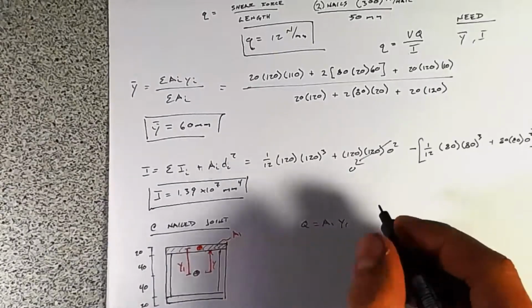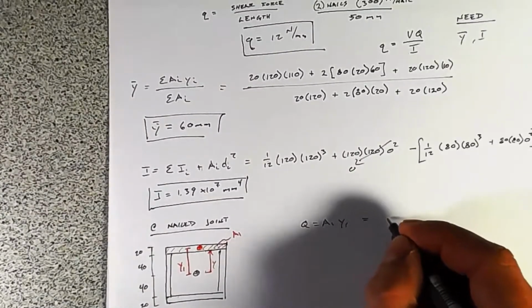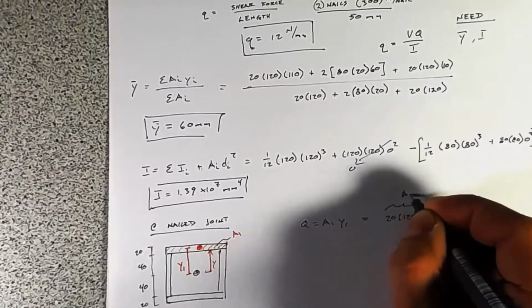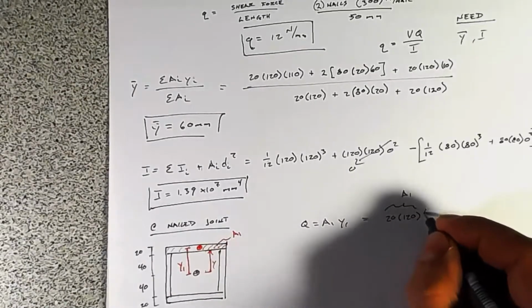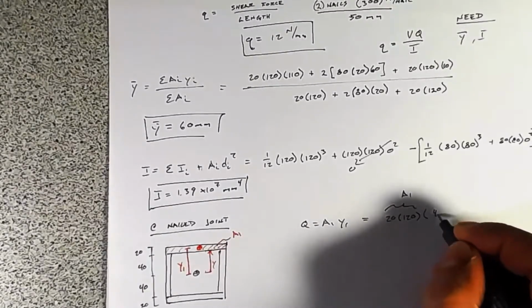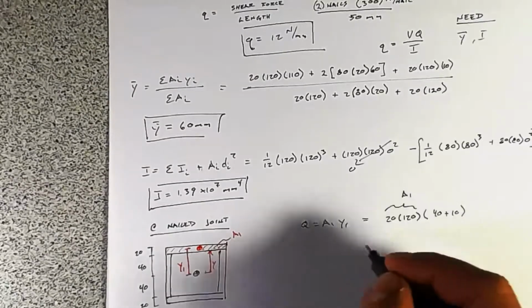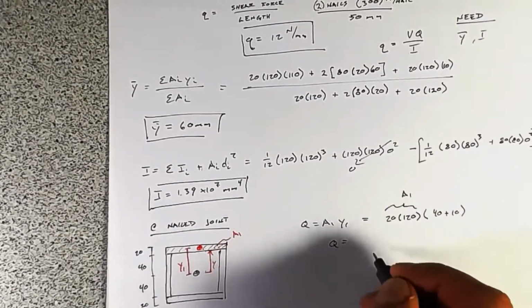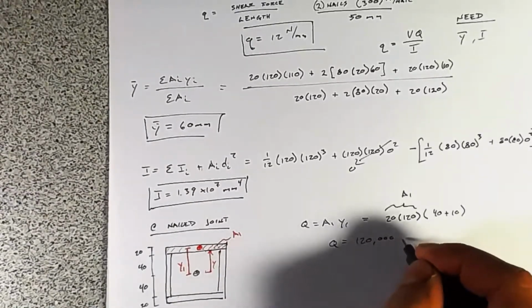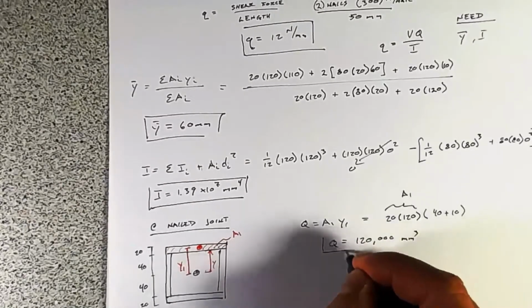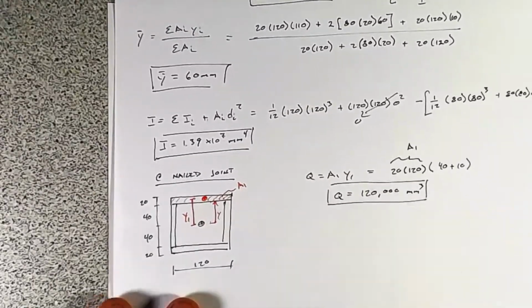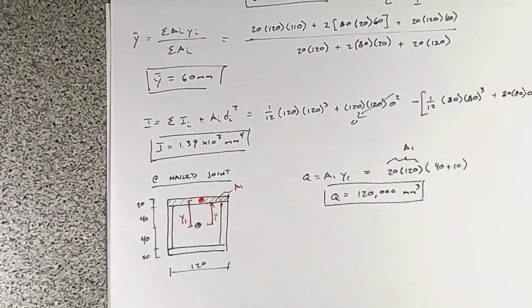If we work that out, we get 20 times 120, and that's A1, times 40 plus half of 20 is 10, so 40 plus 10. We get Q equals 120,000 millimeters cubed.